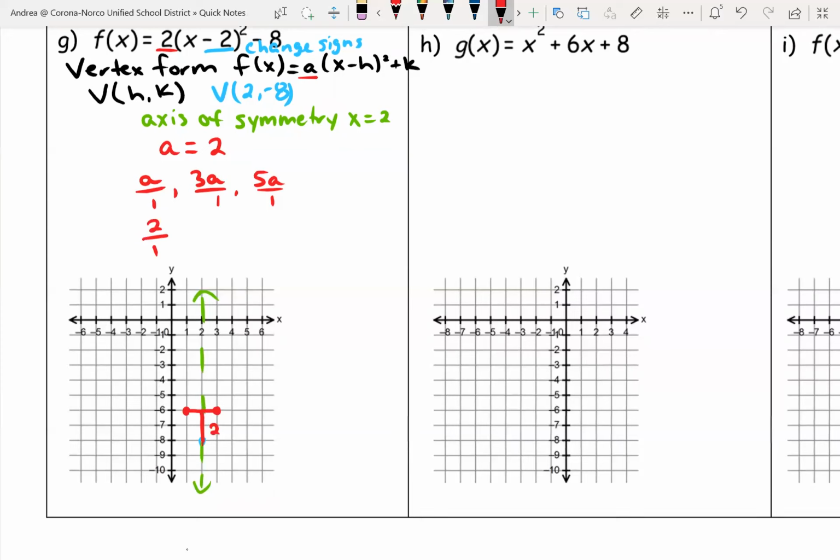Then I do 3 times 2 over 1. So it's up 1, 2, 3, 4, 5, 6 and over 1. Up 1, 2, 3, 4, 5, 6 and over 1. And so this is my parabola.